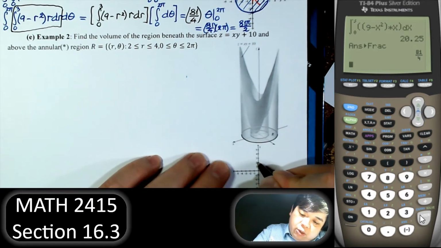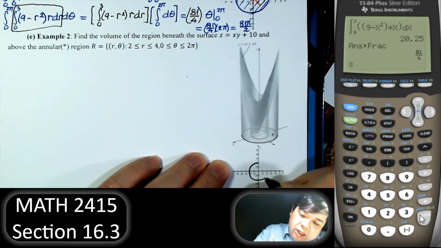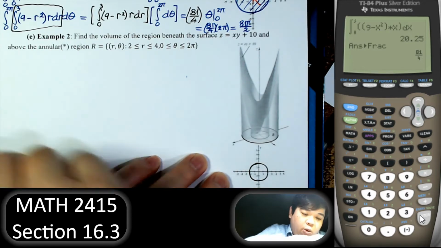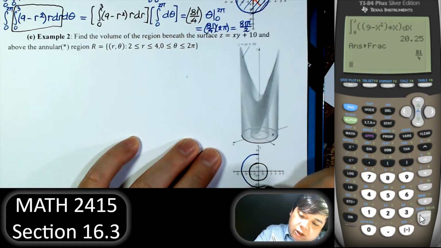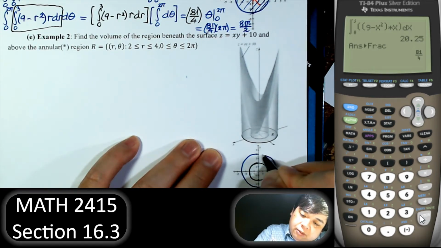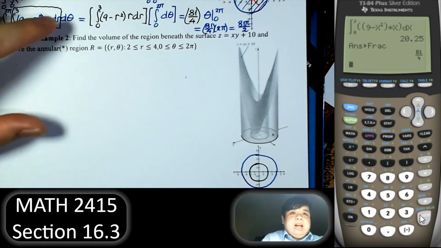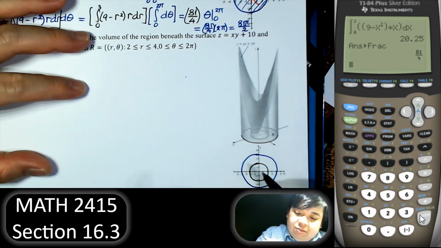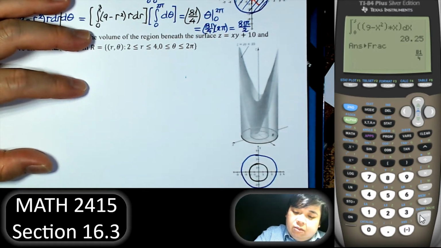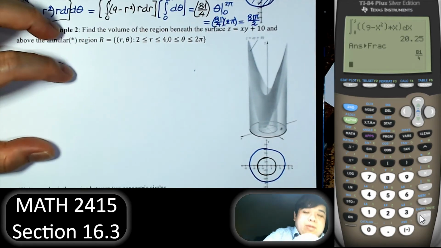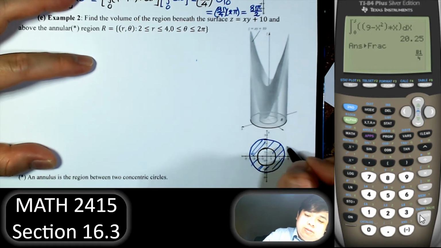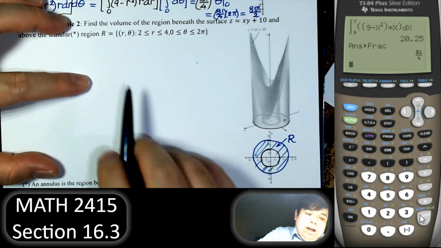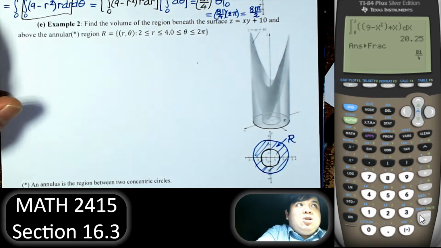So we're going to have 2 on the inside and then 4 on the outside. Of course I can draw better than this, but good enough. That is R. And of course we have the limits already, which is good.